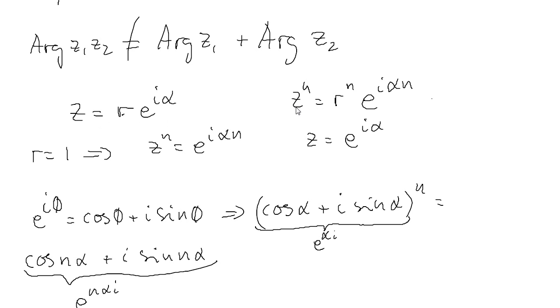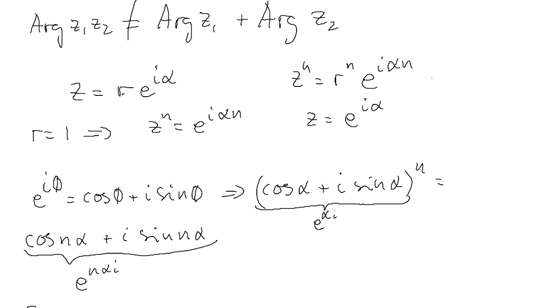We just write z to the power of n, then we of course obtain this, and if, for example, r is equal to 1, we obtain that z to the power of n is just equal to e^(iαn). So in this case, z is just the exponential function of iα.